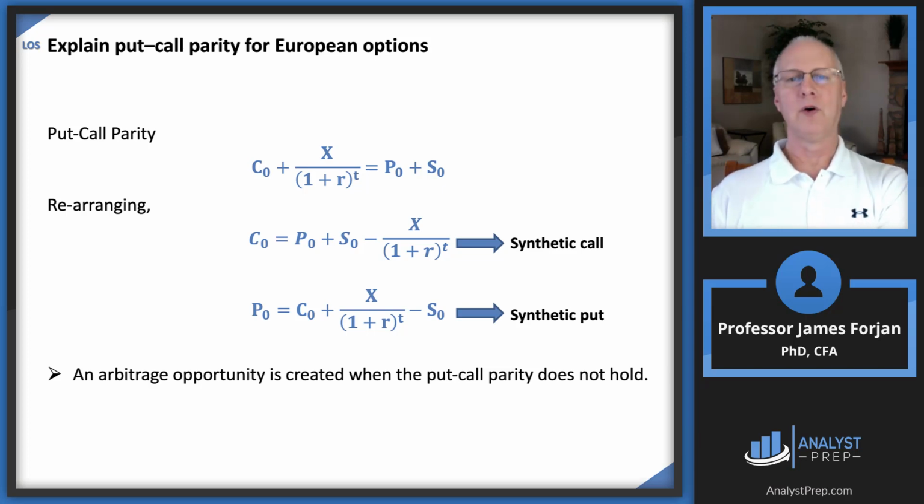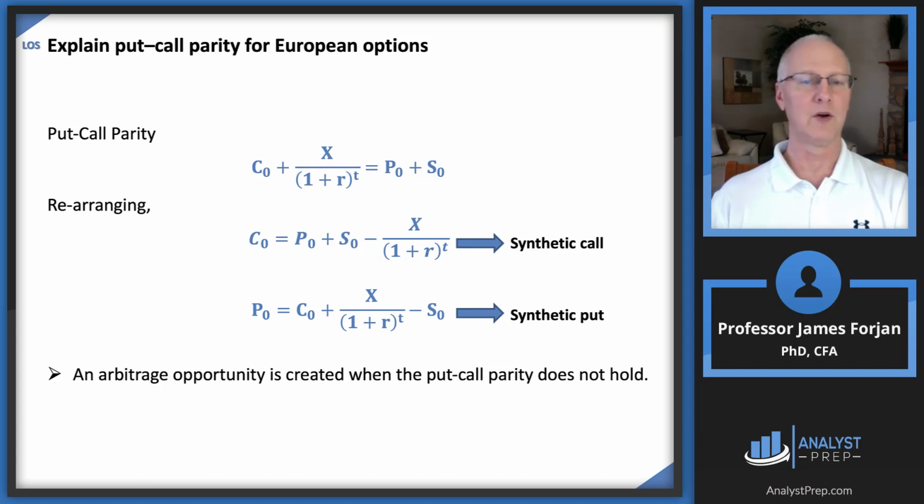Now, what you can do is use just simple algebra. You can add and subtract both sides of the equal sign. And so if we want to solve for the call, what we can do is take the present value of the exercise price and put it over to the other side. And we can call that a synthetic call option. All right, so what can we do?